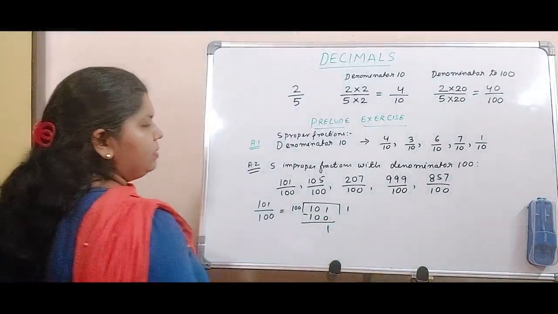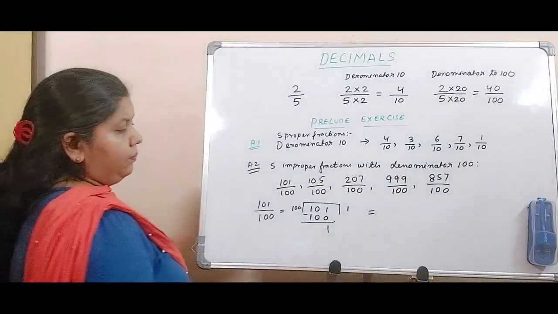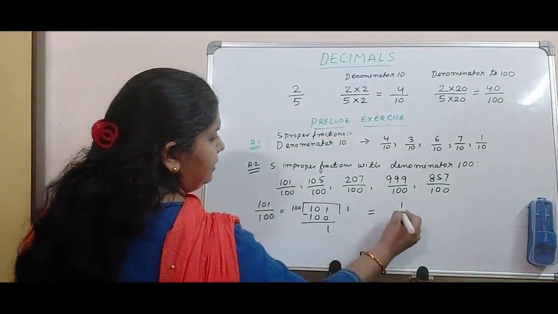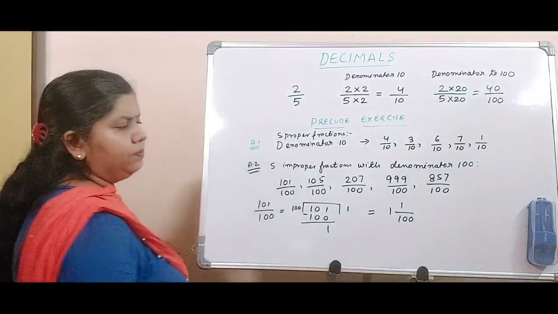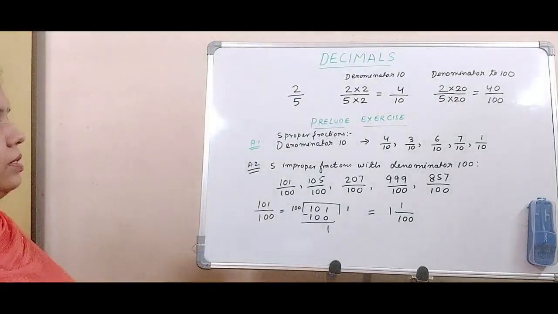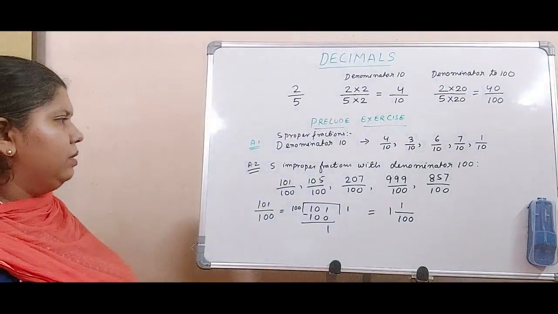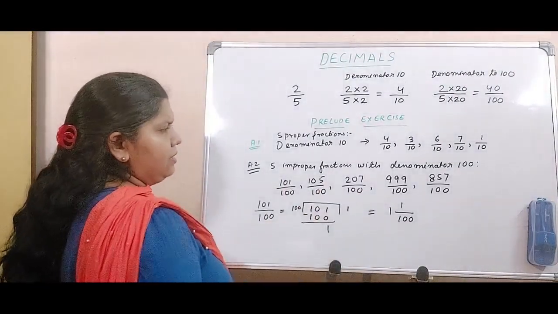So what are we doing to convert into a mixed fraction? The remainder goes up and the divisor remains down here like this. Quotient is the whole number. Okay, this is the process of how we convert improper to mixed. Similarly, you can go for the other fractions in a similar way.